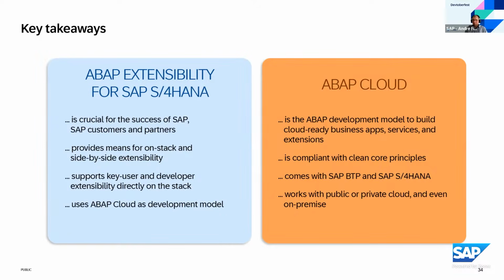That allows you to build services, apps, and everything. And this is clean core. Clean core is not restricted just to side-by-side extensions. We can also do this on the same stack. It can be used in S/4HANA and with BTP, and in public as well as private cloud, and even on premise.